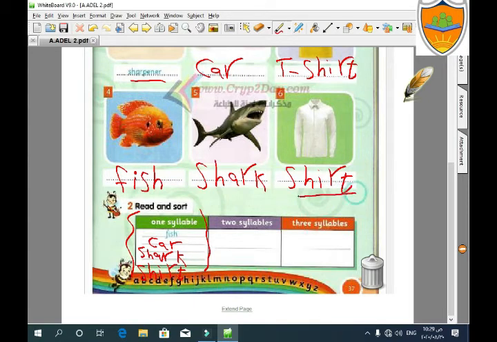Two syllables like t-shirt. Three syllables like sharpener.